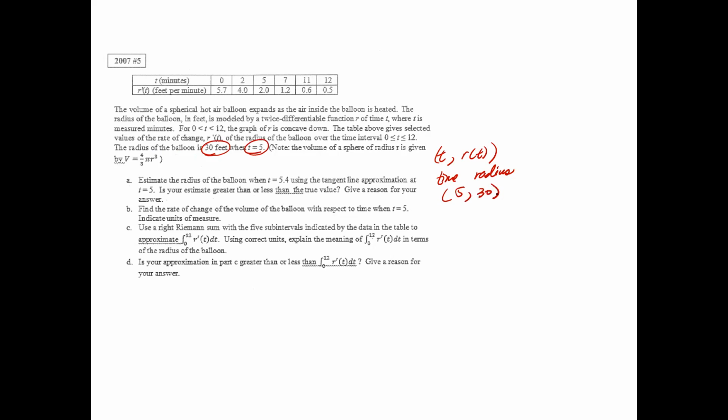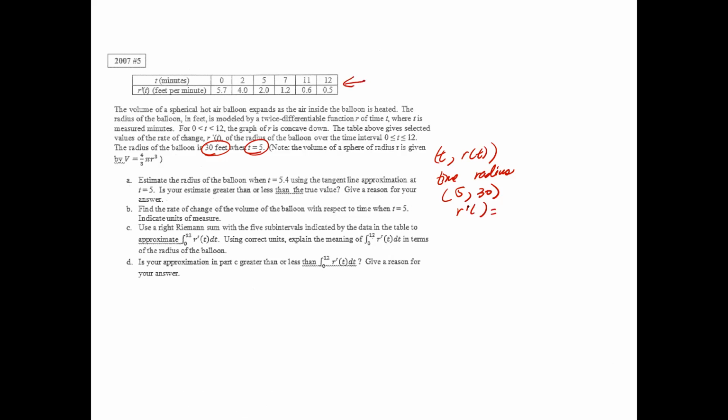So the radius is 30, that's given to me. And it's also telling me that r prime of t, the rate of change for the radius, is given by this table.